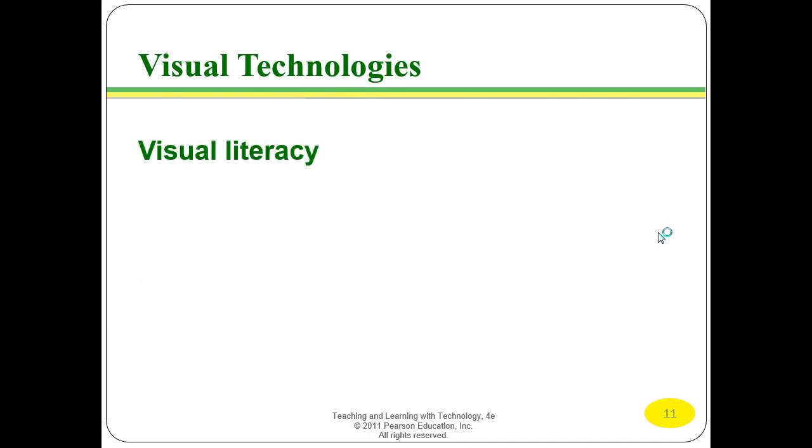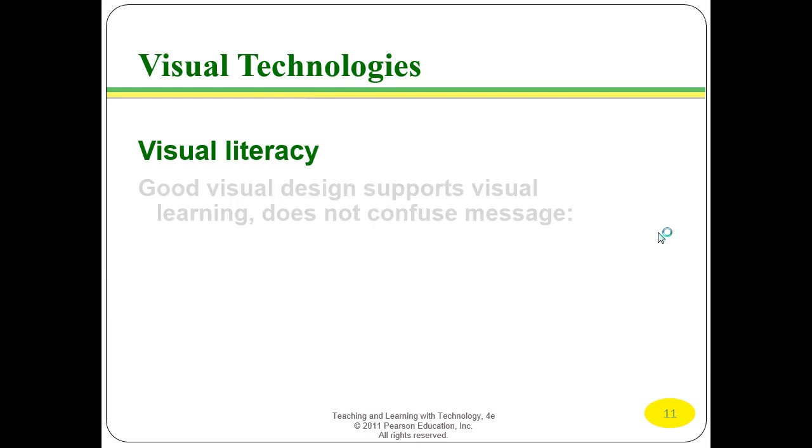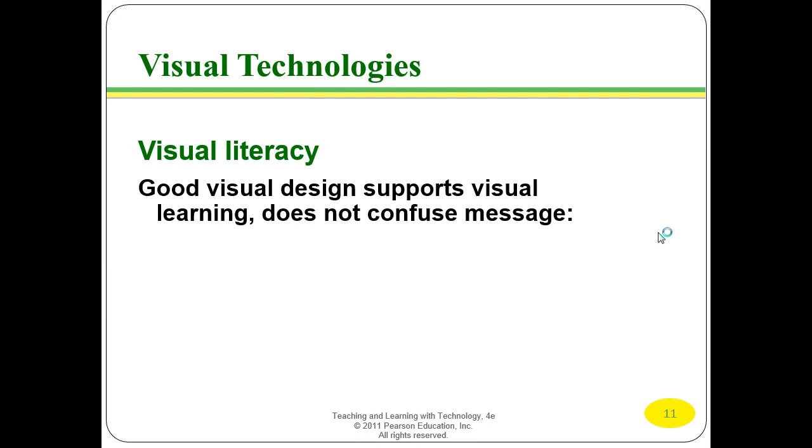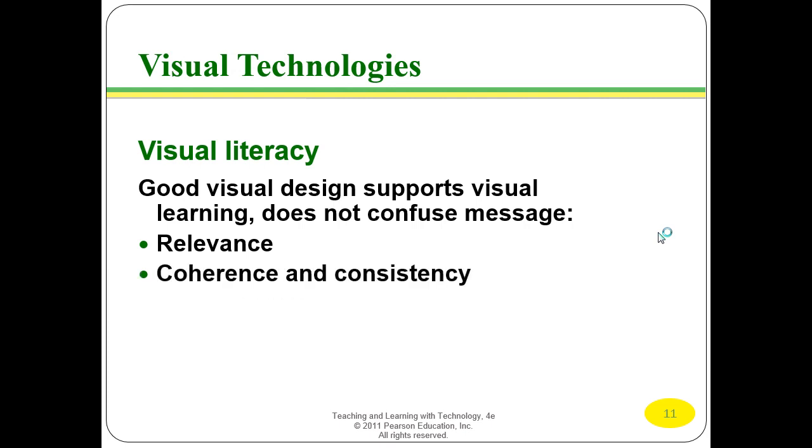Let's shift gears now to visual technologies and look at visual literacy. Good visual design supports visual learning and does not confuse the message: relevance, message coherence and consistency, message proportion, message contrast.